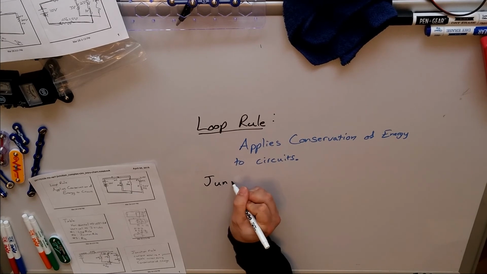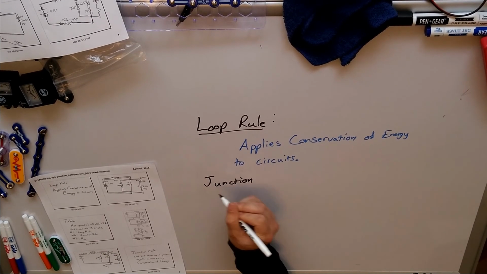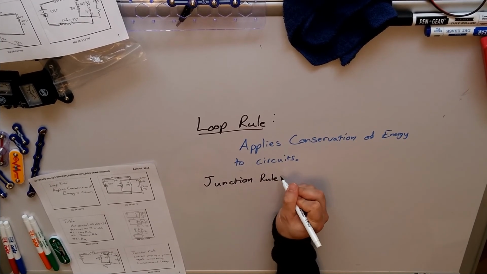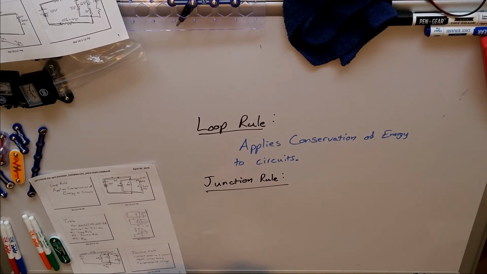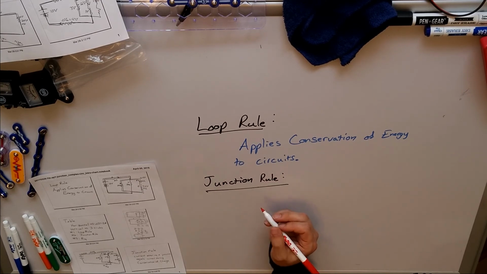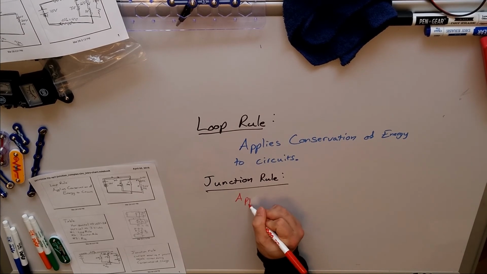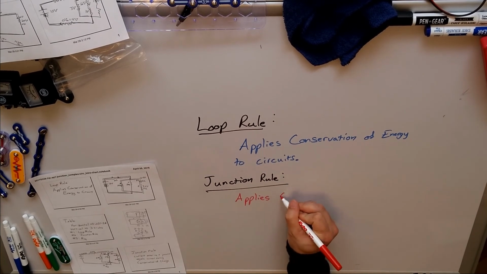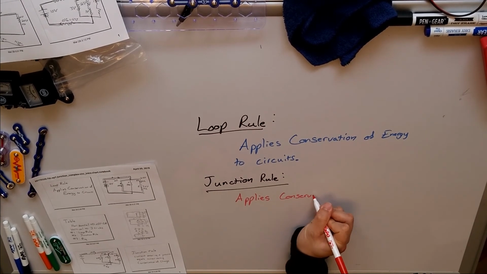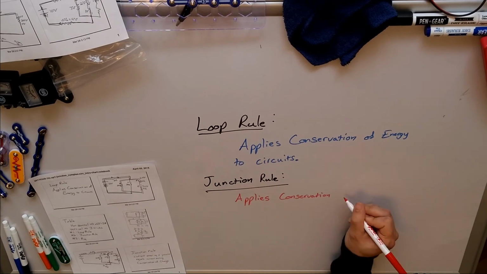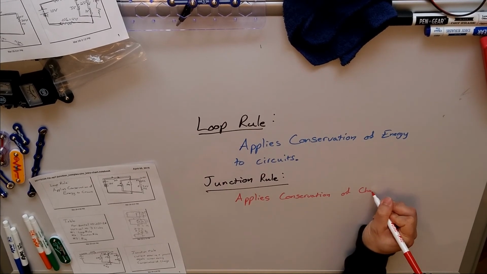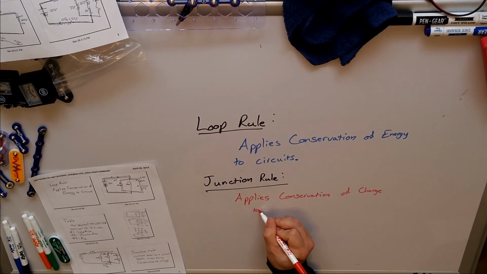And junction rule also can be applied in quite a few very complex circumstances, places where a lot of the other stuff breaks down. And the reason why is, believe it or not, it relies on a fundamental law of the universe as well. Junction rule applies conservation of charge to circuits.